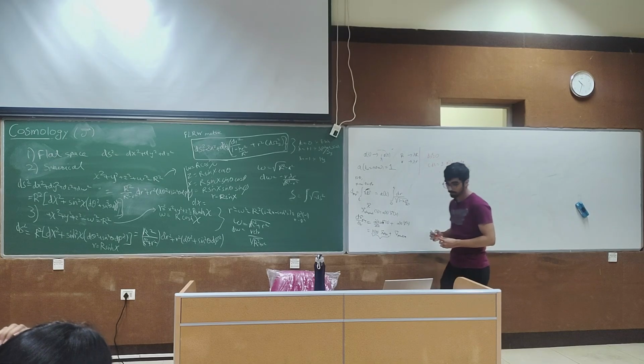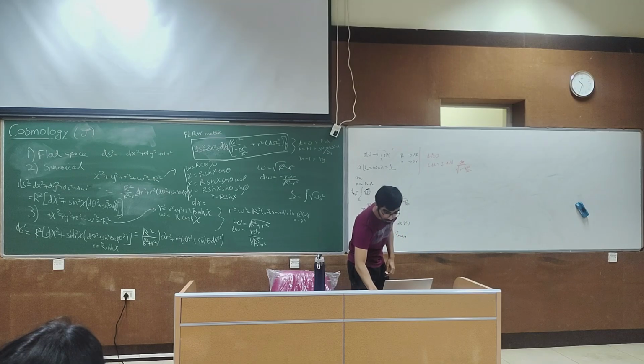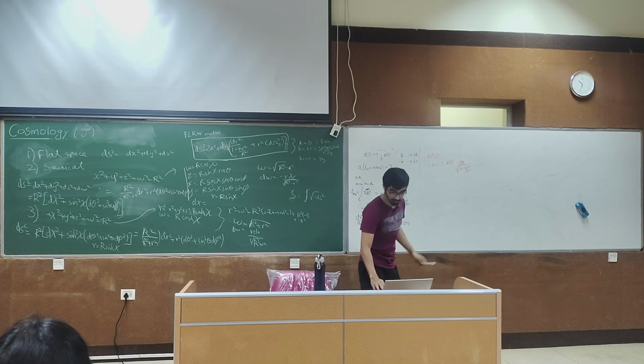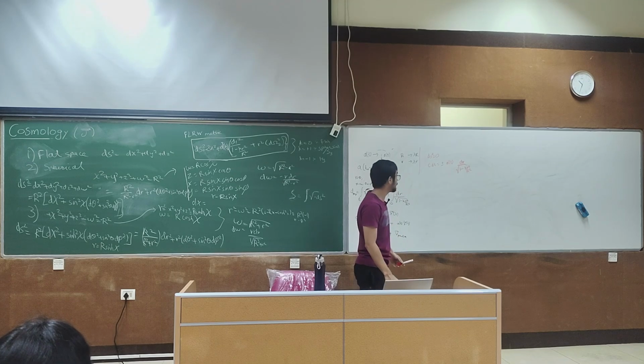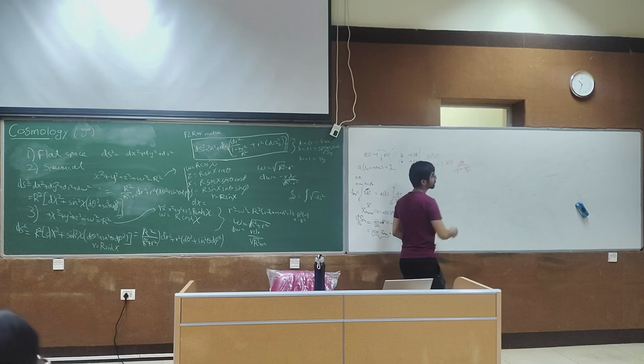This is the equation of motion for light. And why are we interested in this? We'll come to something called redshift. If you attend any cosmological talks, they would talk not in terms of a of t, but rather redshifts.